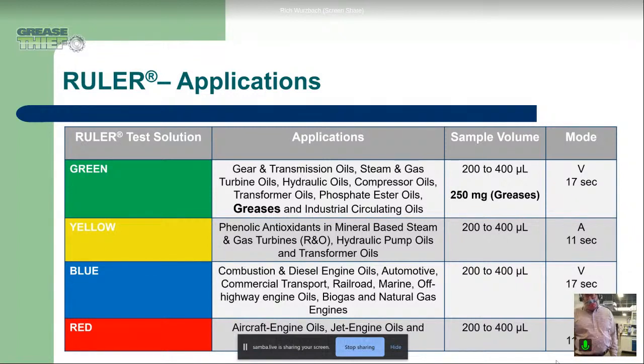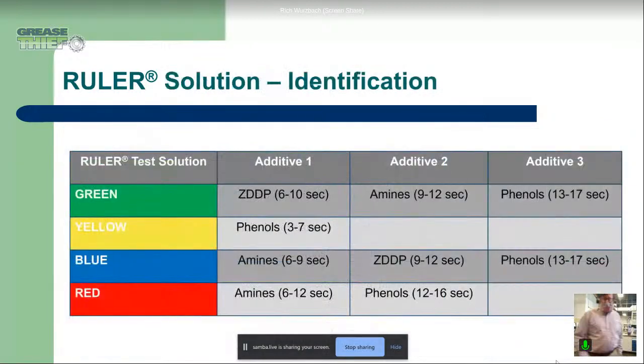We typically use this standard 250 milligrams of grease as the amount of grease that we'll use to test. And we can either be measuring that out manually, or we'll show you how that is a somewhat automated process when we use the Grease Thief and the ASTM D7918 approach.